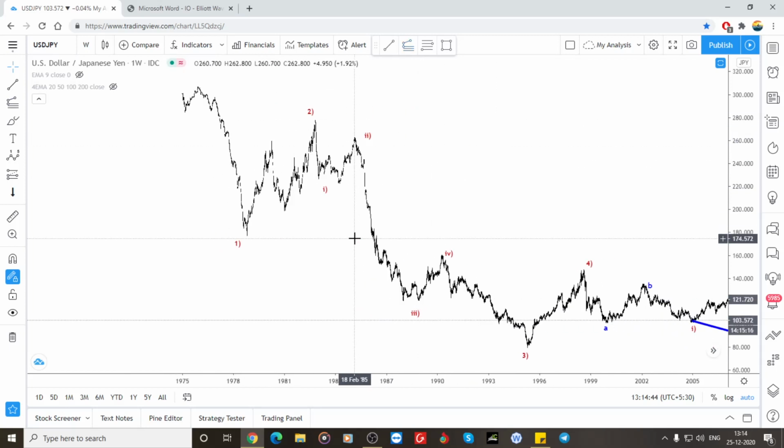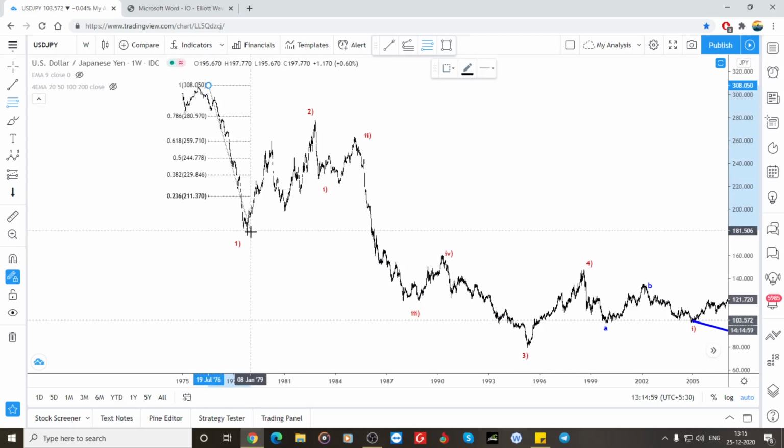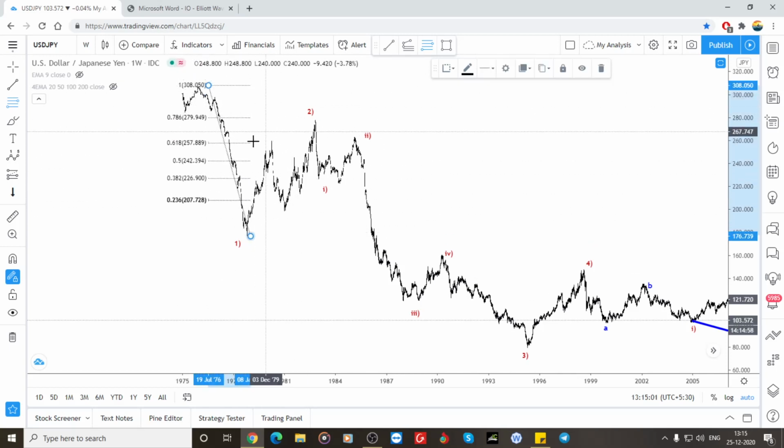So on the weekly chart also, this is wave 1, 1 2 3 is a correction part, and this is wave 2. Once it's completed, see the extension also, wave 1 and wave 2 is retraced.